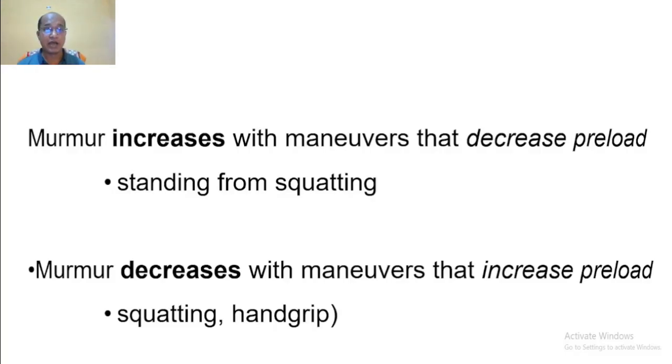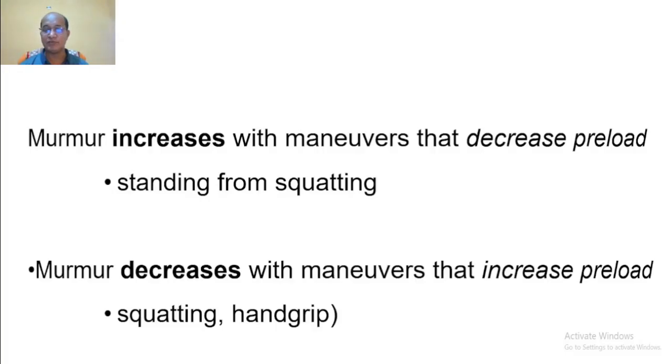In case of high preload, the ejection of blood from the ventricle into the systemic circulation will be less. Less blood ejection means less turbulence, and less turbulence means less intensity of murmur. So there are two maneuvers we can use in case of HOCM.